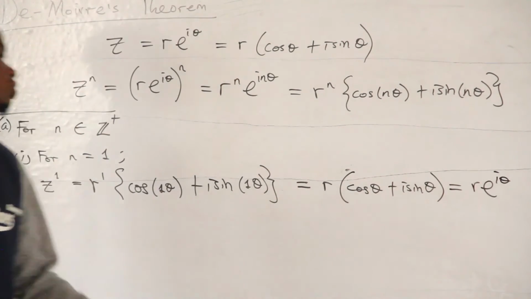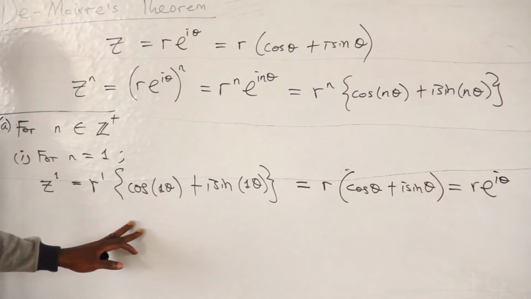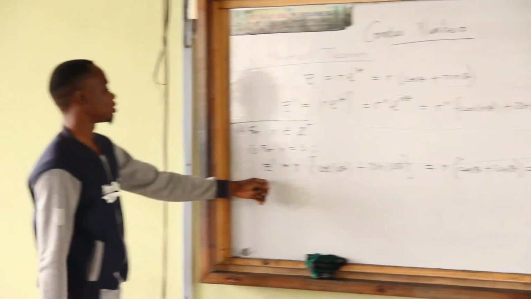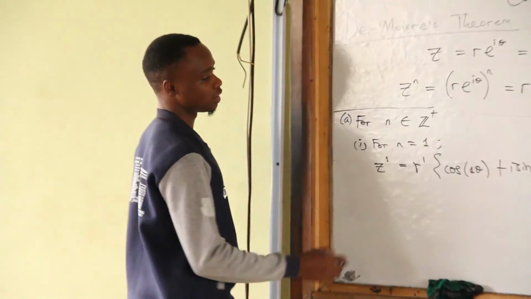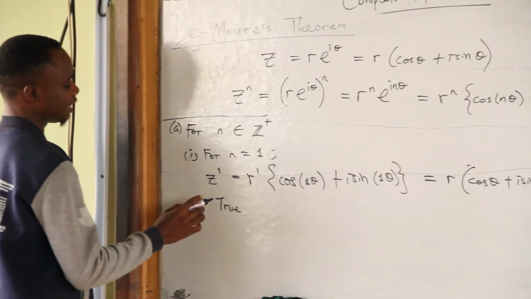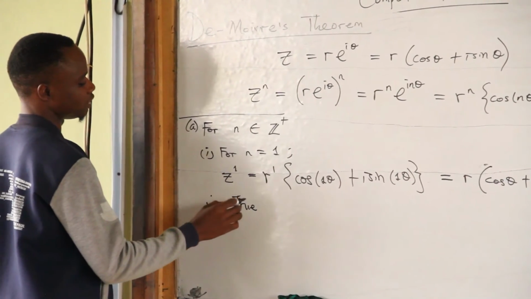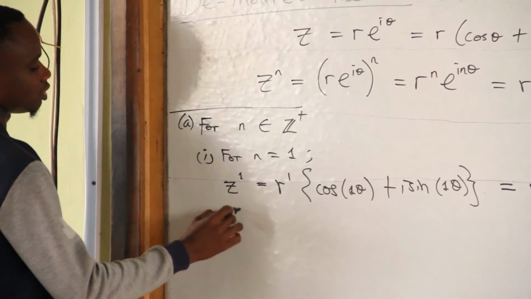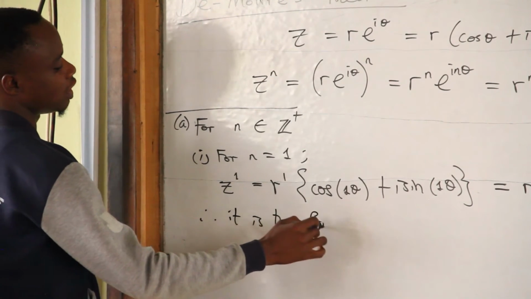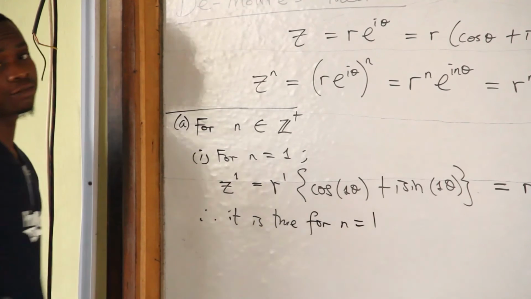So obviously it is true for n equal to 1. When you put n equal to 1, you get back the function as you want it to be. So therefore it is true for n equal to 1. That's the first step.